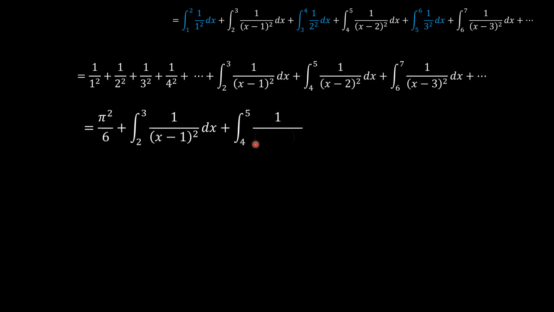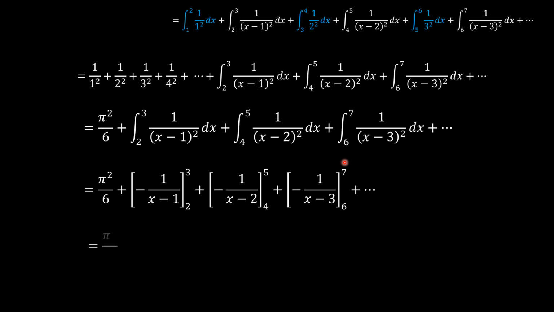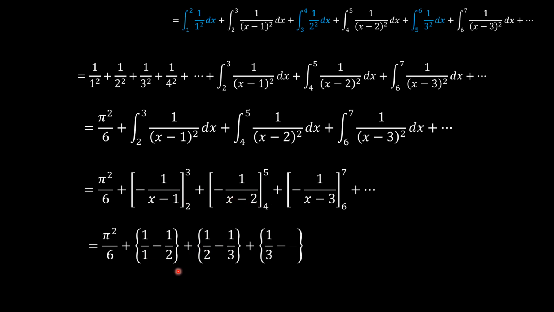But integrating these other special integrals here means that we have negative 1 over x minus 1 in this interval, negative 1 over x minus 2 in this interval, and then when you subtract, now you begin to see that here because of the negative we begin with the lower side, so we have 1 over 2 minus 1 is 1 over 1 minus 1 over 3 minus 1, which is 1 over 2, and so on.